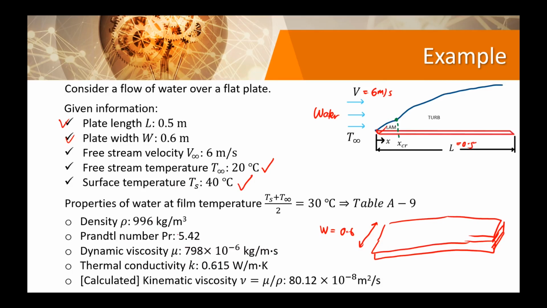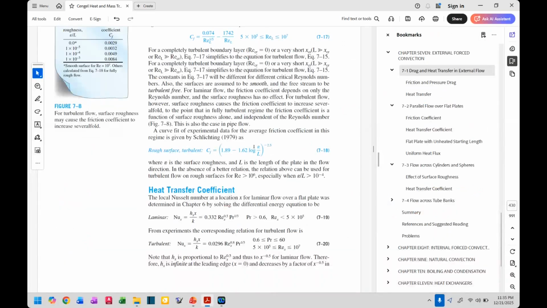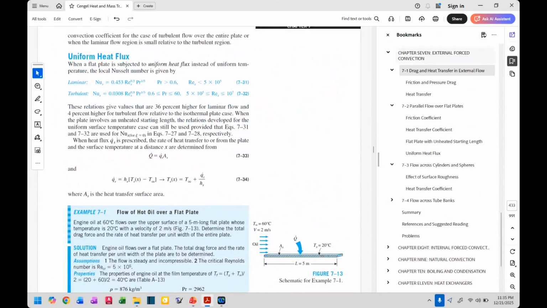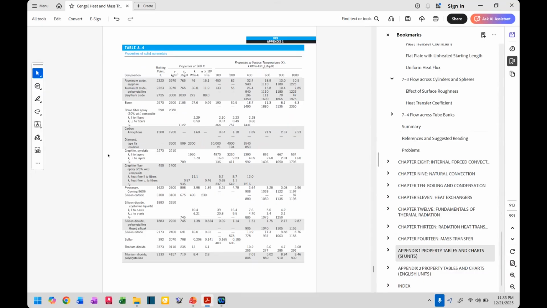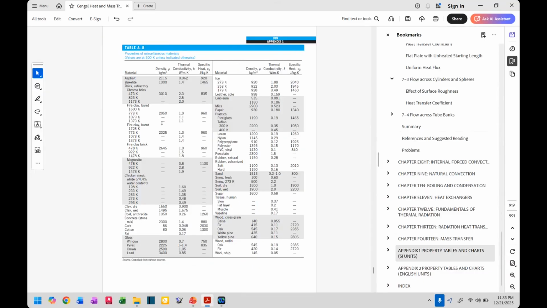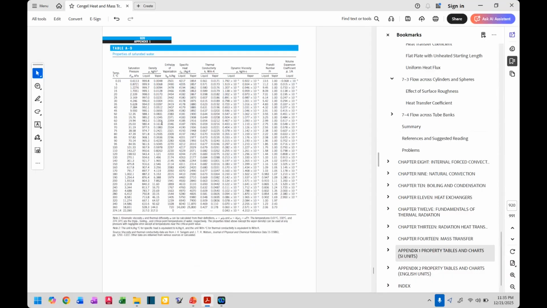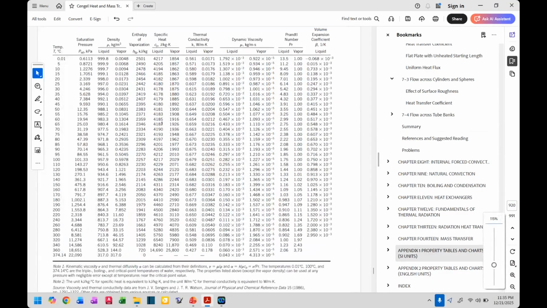So how do you get these numbers? Basically, just look up from table A9. It's given here, table A9. So let's come to the tables, right? The tables. That's A4, 7, 8, and 9. You see, if I just zoom in, 30 is this row. So the density is 996.